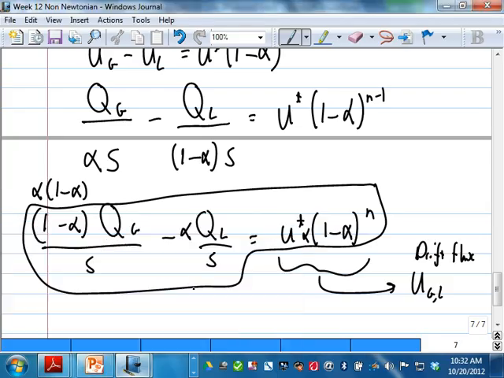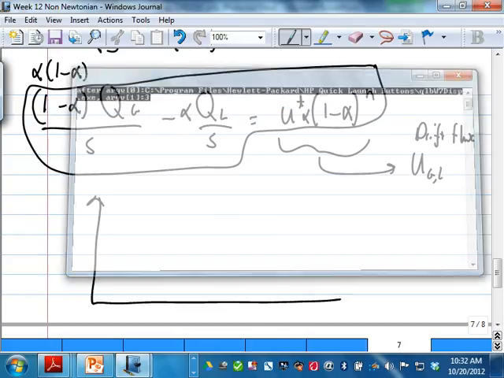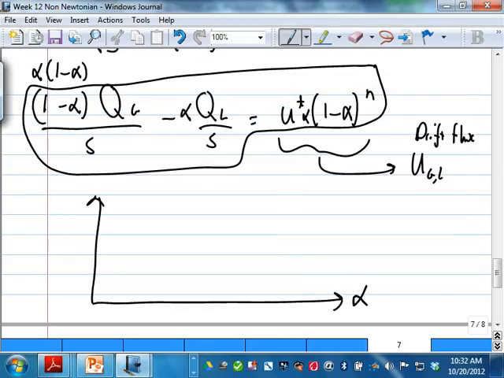Alright, we want to solve this equation. Normally you can plot this here, you plot alpha, the left hand side. It could go negative.